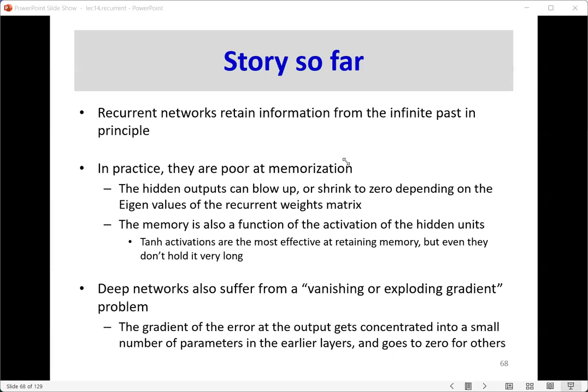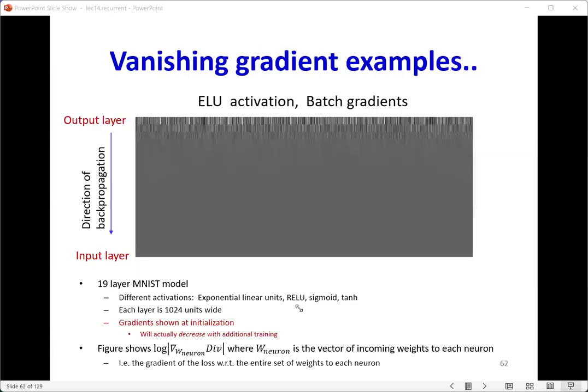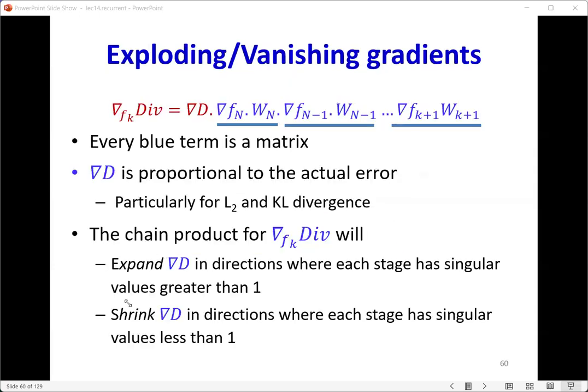I'd like to see some thumbs ups. Okay, the last one. So Mariam, what do you mean? Which last point? The gradient of the error at the output gets concentrated into a small number. So what happens, like I was saying over here, is the gradient is going to shrink in most directions and expand in just a small number of directions.